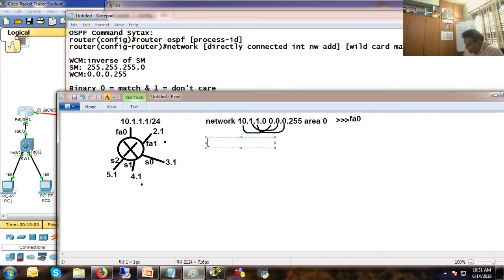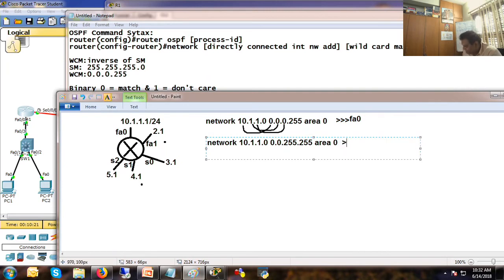Now I give one more network command. You tell me which interface will be added. Network 10.1.1.0, 0.0.255.255, area 0. Now tell me which interface will be added.